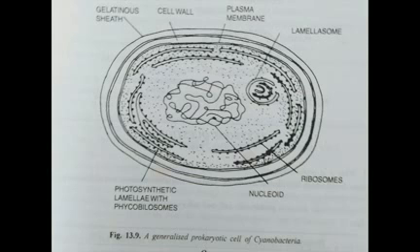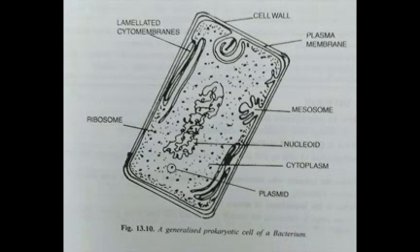Now prokaryotes also lack the membrane-bound cell organelles found in eukaryotes. So this is the basic difference between prokaryotes and eukaryotes. Organelles like mitochondria, Golgi bodies and endoplasmic reticulum are lacking in prokaryotes.